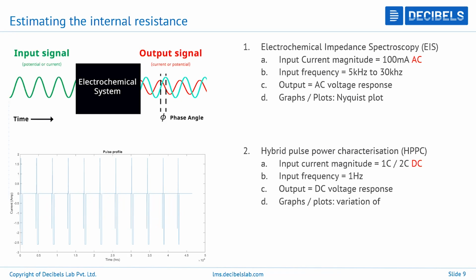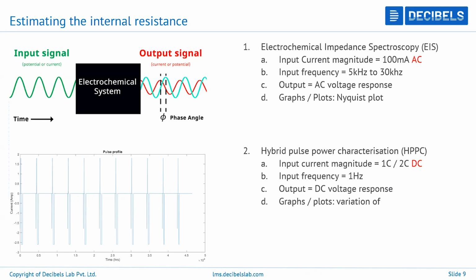In terms of test benches, or extremely high-end research and development demands, usually AC is done, where we use spectroscopes and things like that to measure the internal condition of the cell. That condition is nothing but the internal resistance, or internal impedance in case of AC. And DC is usually done to get a quick idea of how the resistance will behave over time.